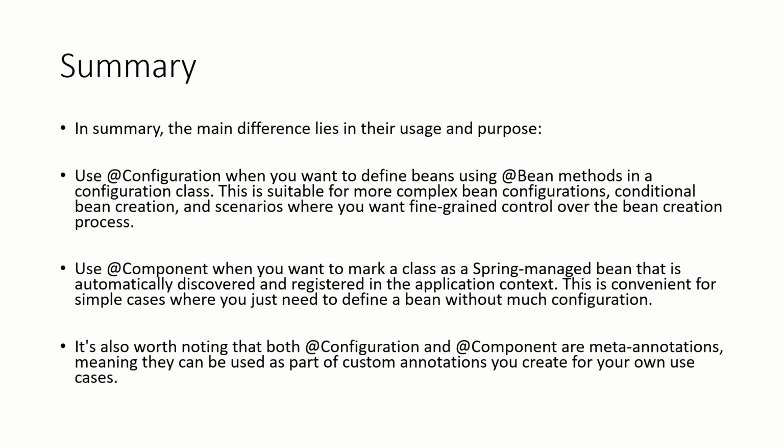Okay, it is worth noting that both @Configuration and @Component are meta annotations, meaning they can be used as part of custom annotations you create for your own use cases. So you can use both of the annotations in your custom annotation and create your own custom annotation according to your use. So this is the basic difference between both of the annotations.